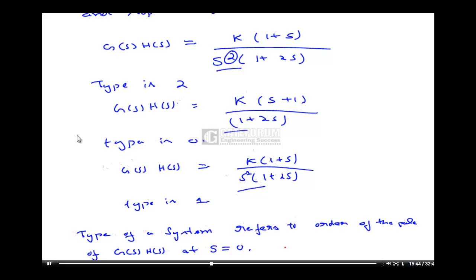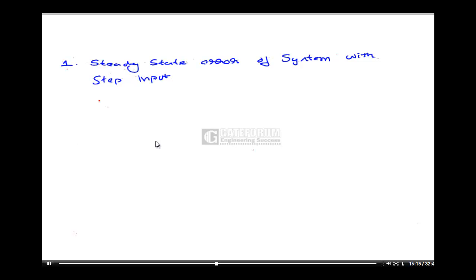Now we will take the first case: the steady state error of a system with step input. We'll see for the various types, but the input is step. Okay.